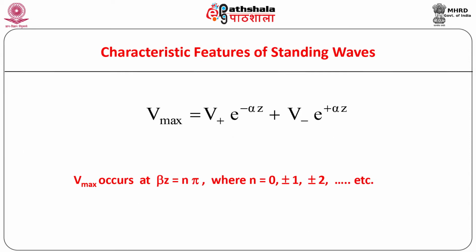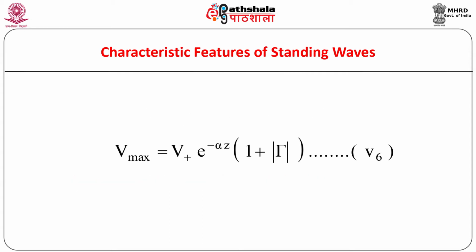From equation V3, applying the techniques for determination of maxima and minima of a function, we can derive the results for maximum and minimum amplitudes, which are as shown. The expression for Vmax can be expressed in terms of reflection coefficient as shown.